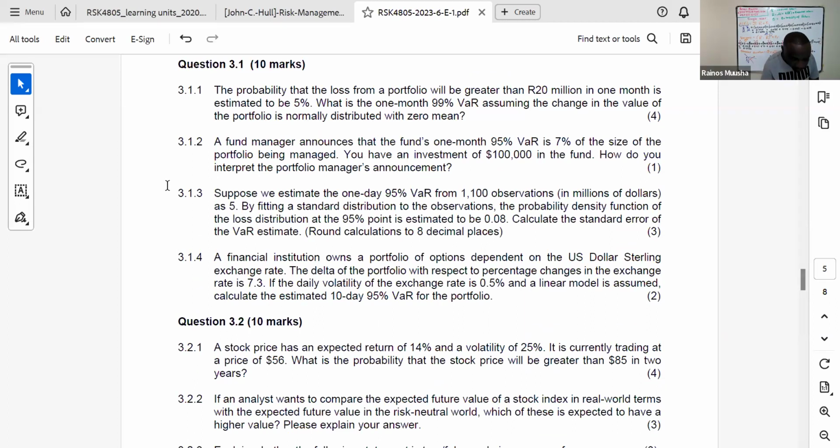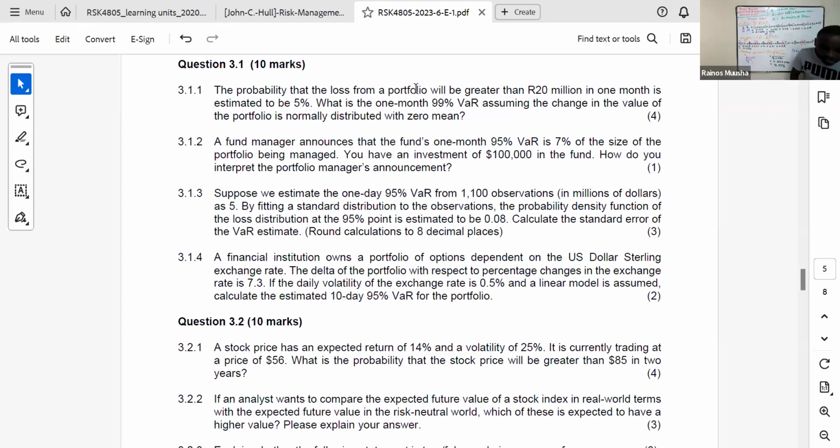You see, for question 3.1.3 in the exam, remember they say your in-between calculations, round them off to 4 decimal places, isn't it? Now here they say round calculations to 8 decimal places. So instead of rounding off your in-between calculations to 4 decimal places, here they are specifically asking you to round it off to 8 decimal places. But under normal circumstances, your final answer, you can leave it in 2 decimal places.